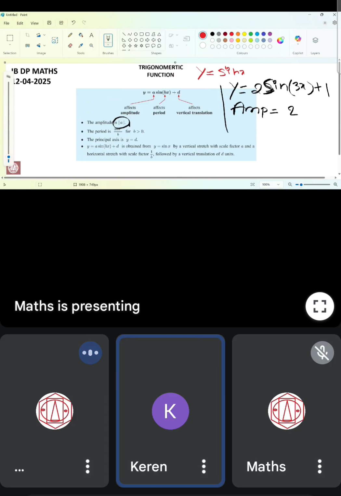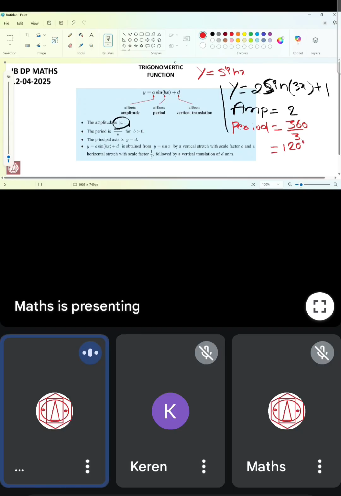So how does it affect? If you want to calculate the period of any given function, for example, in this case, we have 2 sin 3x + 1, and you want to know what will be the period of this function. It's very simple. We know that period is equal to 360 over b, right? So in this case, what is the value of b? We have 3. Correct. So it's 120-degree.